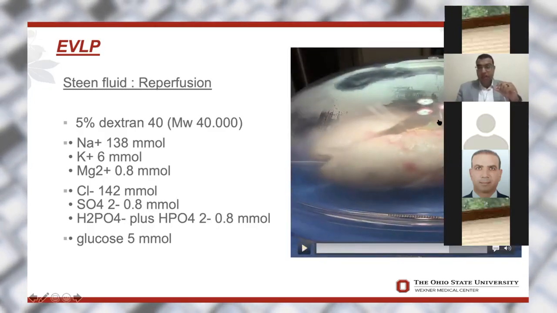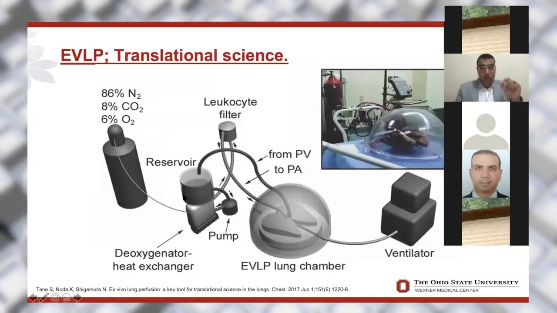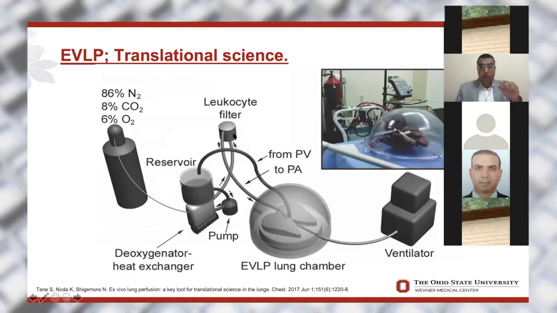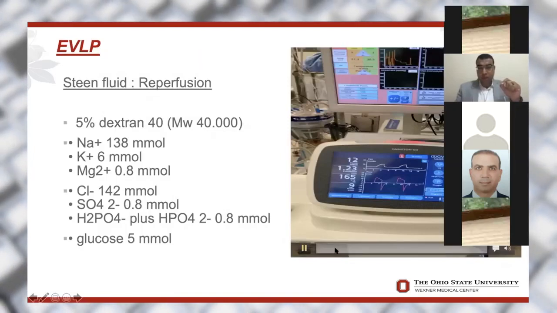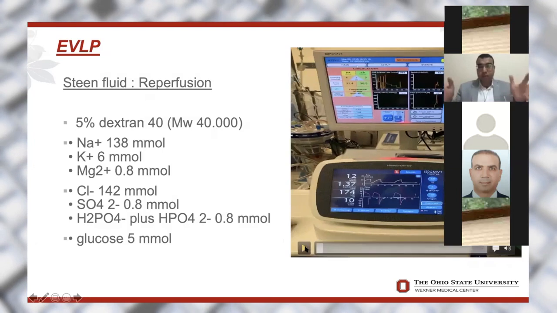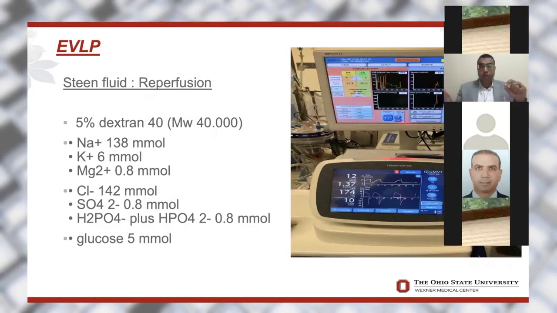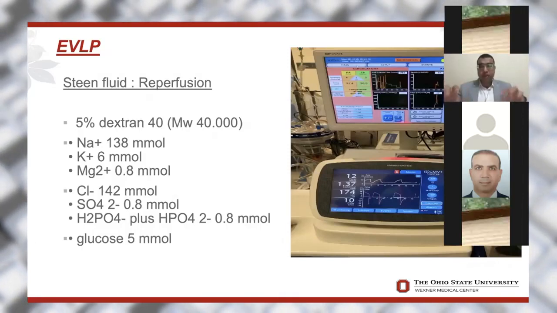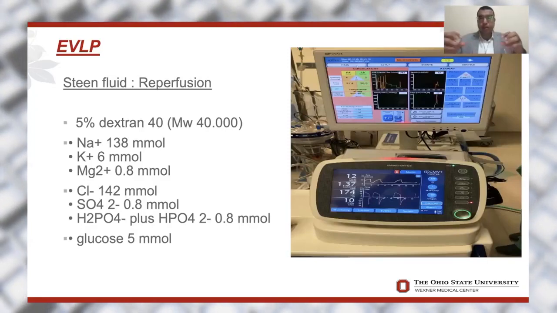As we can see, this is the cannula in the pulmonary vein and the pulmonary artery. And this is a leukocyte filter to decrease the load of leukocytes. So they ventilate the lung with a lung protective strategy, push the Steen fluid, some methylprednisolone, and heparin to decrease the interstitial edema, so they more or less can improve this lung.